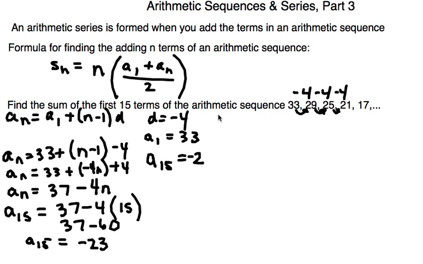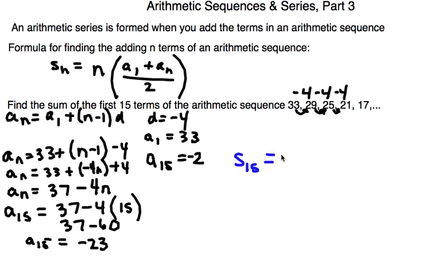Now we're going to use our formula back up here to find the sum of the first 15 terms in this sequence. So we're finding the S. S is the sum of the first 15 terms.